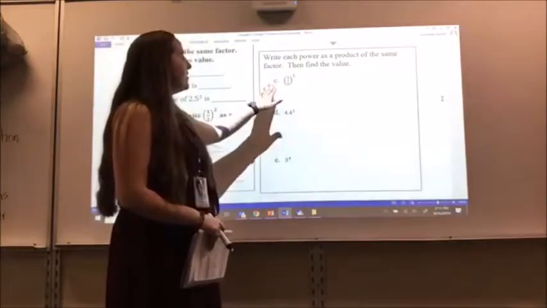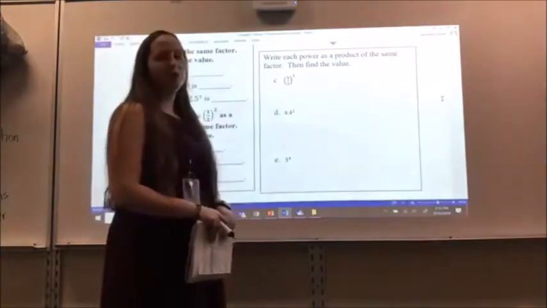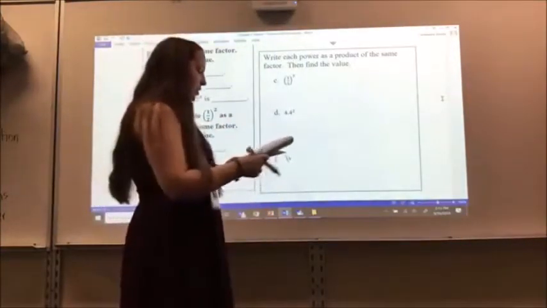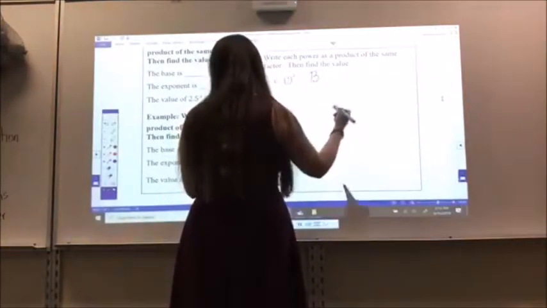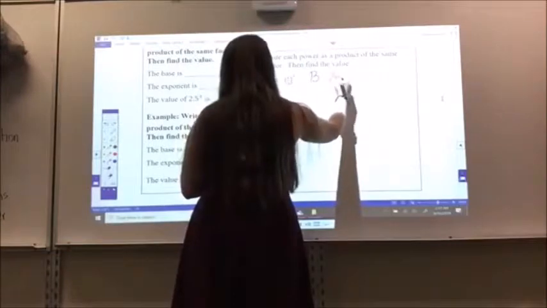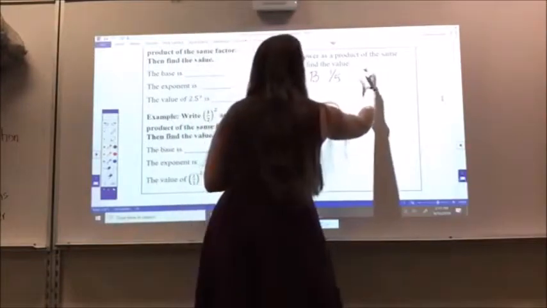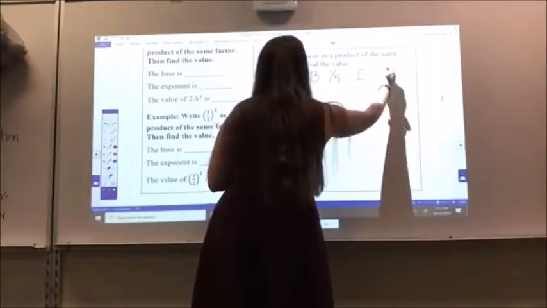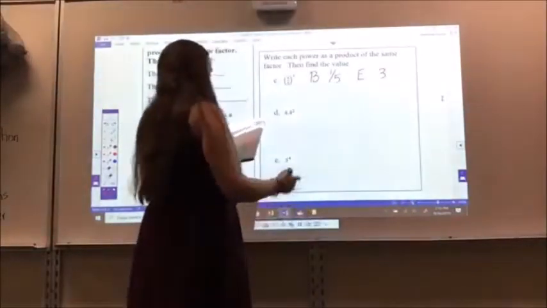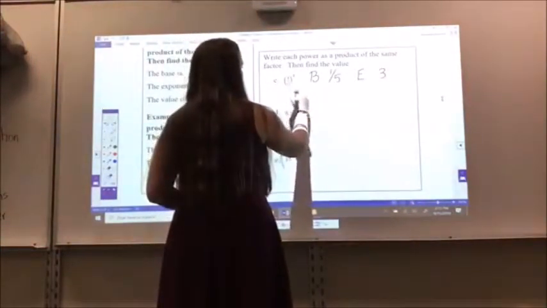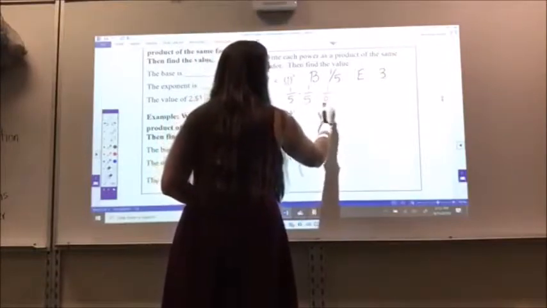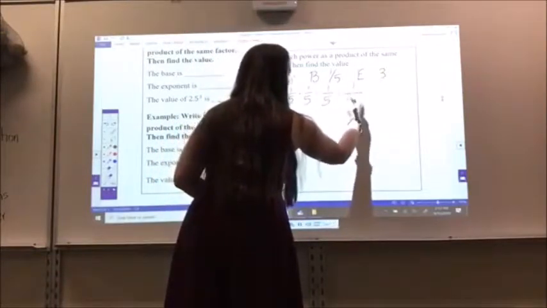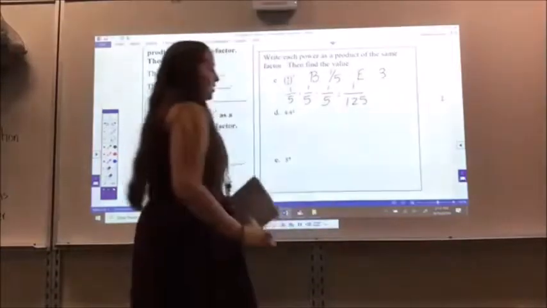So the first one I have is C is 1/5 to the 3rd power. So we're going to do my base, and I'm just going to use this as B. So my base is 1/5, and then E is going to stand for exponent. My exponent is 3. So this ends up being 1/5 times 1/5 times 1/5, which equals 1 over 125.